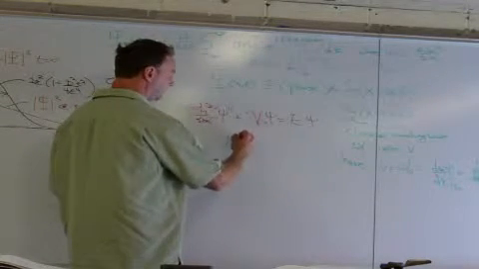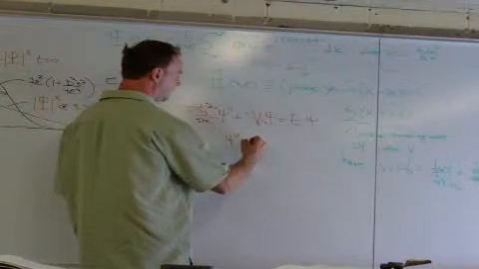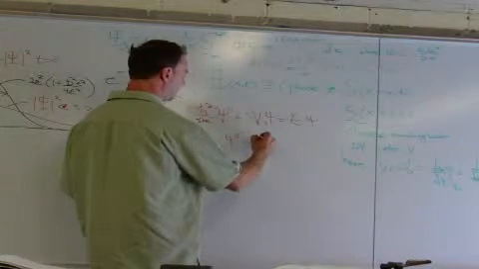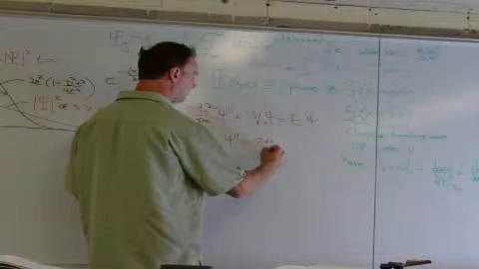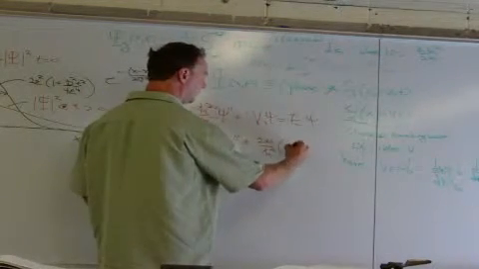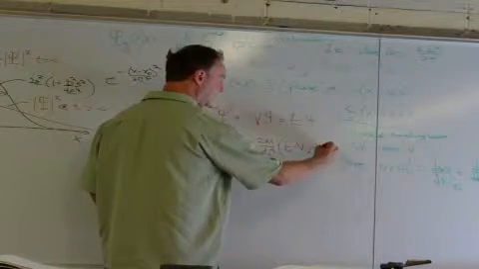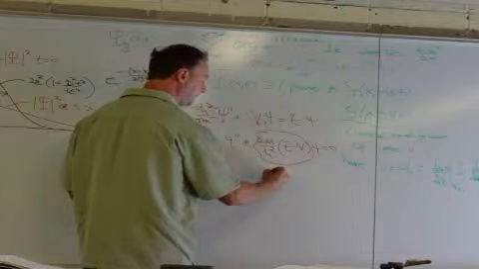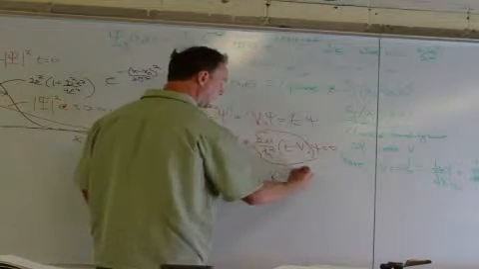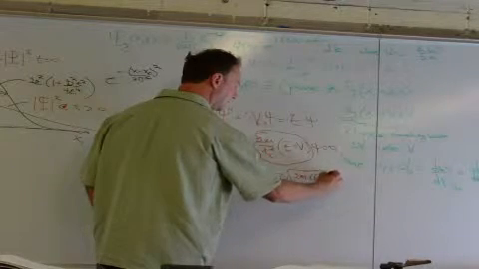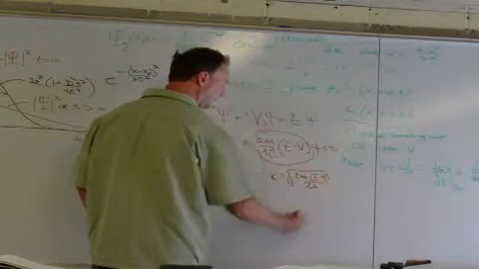So then what you do is you end up with psi double prime plus 2m over h bar squared, E minus V, times psi equals 0. And so this is where k comes from. k essentially equals the square root of 2m(E minus V) over h bar squared.